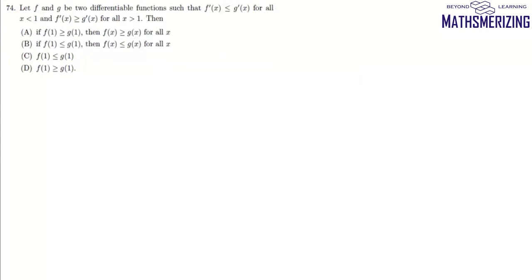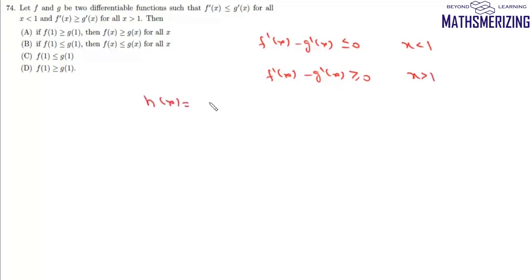Now question number 74 is, we are given two functions such that f dash x minus g dash x is less than or equal to 0 when x is less than 1, and f dash x minus g dash x is greater than or equal to 0 when x is greater than 1. Now we need to find the relationship between f(x) and g(x). So we'll consider this function h(x), which is f(x) minus g(x).